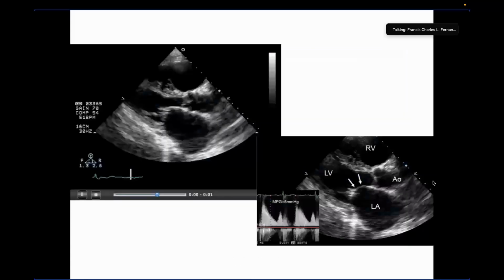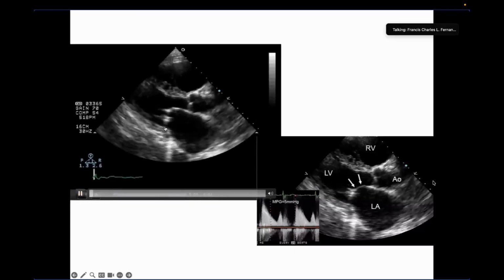All right. So this is what it looks like on echo. You see the hockey stick. So is this in systole or diastole? So this is closed, this is open.